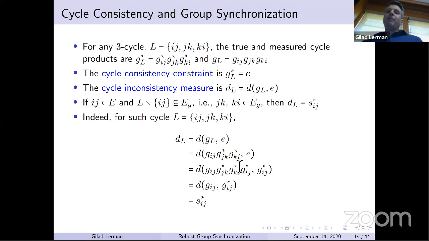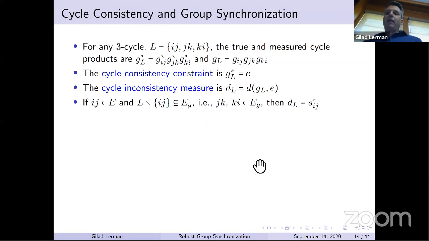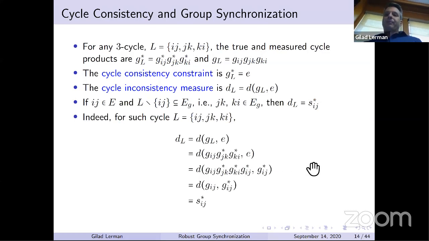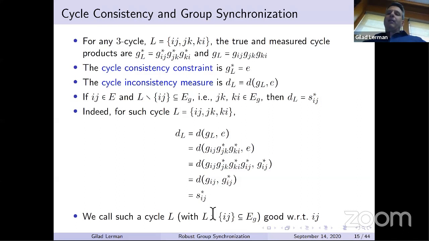Now we multiply from the right both variables by gij star, and we use the invariance of this metric, so it's equal. Now we use the cycle consistency constraint, so what we have here is equal to the identity, and we get the corruption level. We call these cycles where, given ij, the two other edges are good, good cycles.